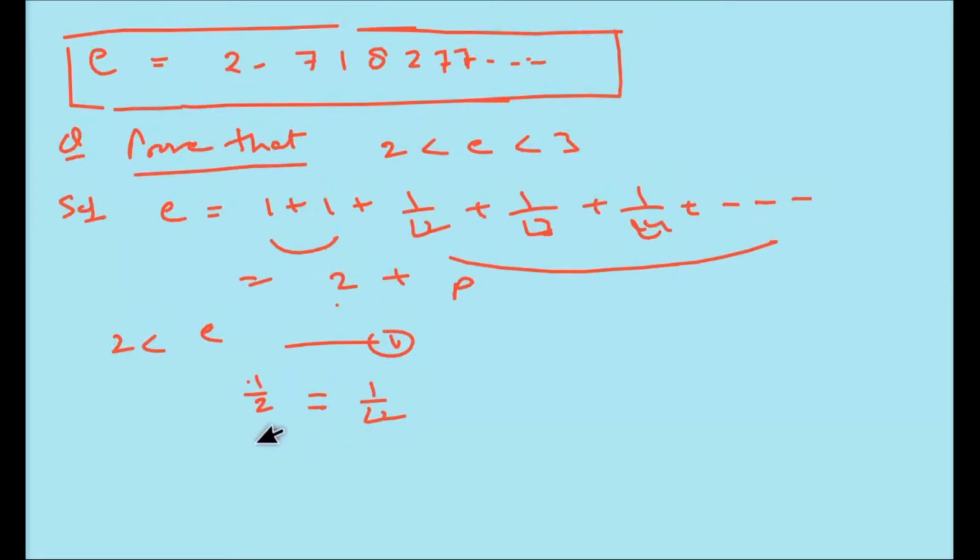So now we can see 1 upon 2 square, that is 1 upon 4, and here we can write 1 upon factorial 3, which is 1 upon 6. Here it is 1 upon 4, it is greater, so this is greater.